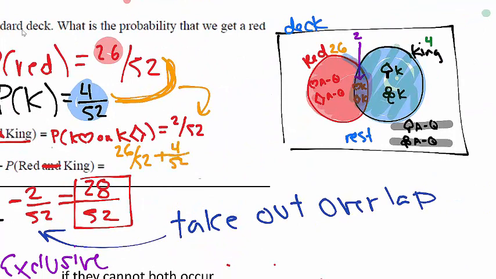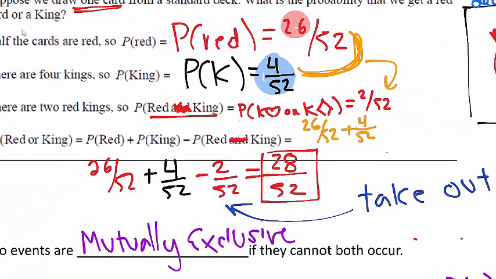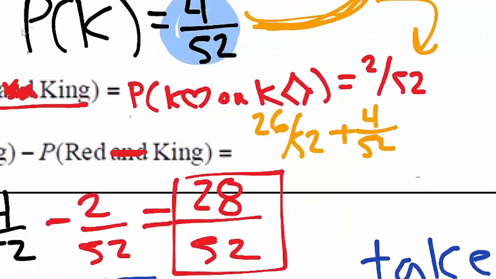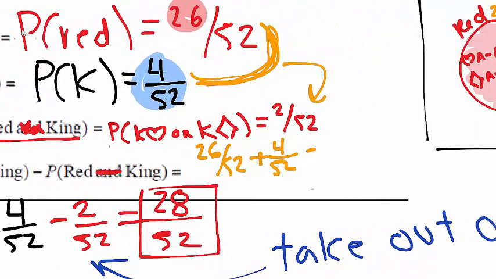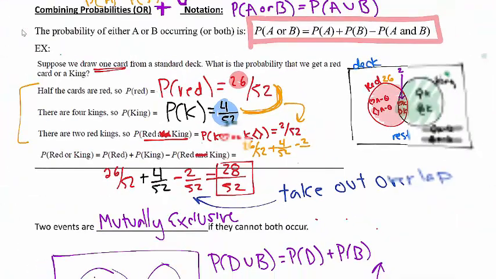So we counted everybody in the red circle and everybody in the blue circle, but who did we overcount? Who did we count twice? The red kings, right? We double counted the red kings, so you have to subtract the probability of getting a red king, 2 out of 52.